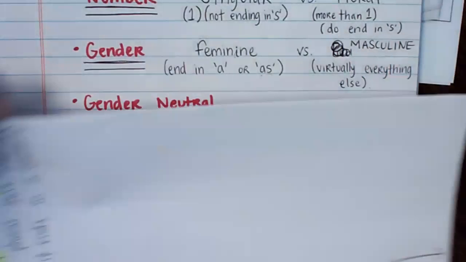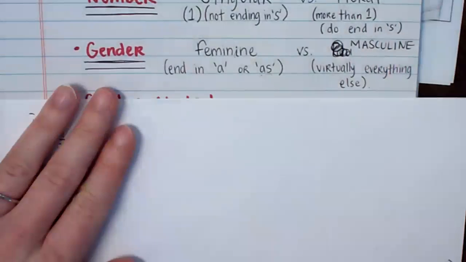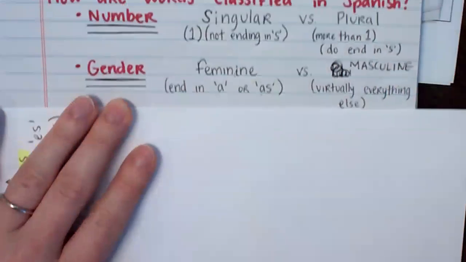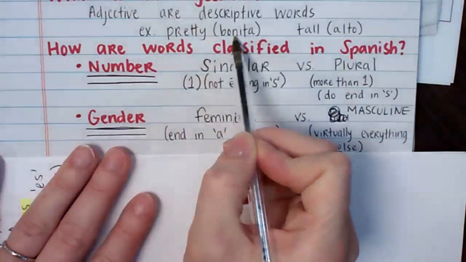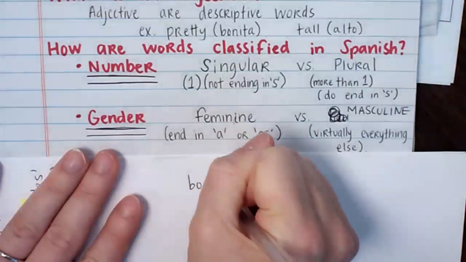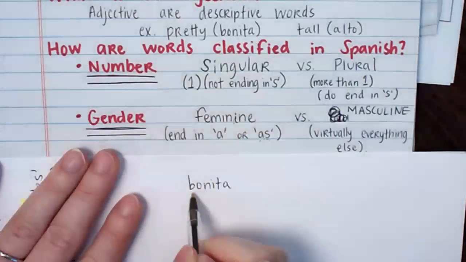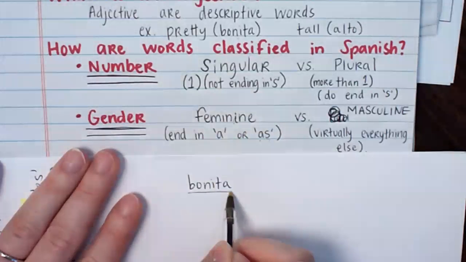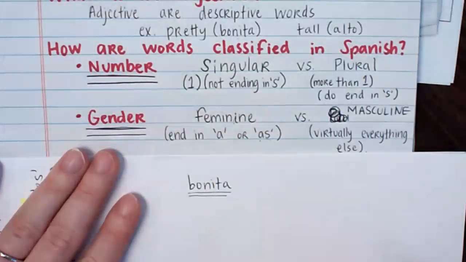So some adjectives that we have, we'll look up here. So I used the word bonita earlier. So if I want to say that a girl is pretty or that a feminine object is pretty, I'm going to use bonita.